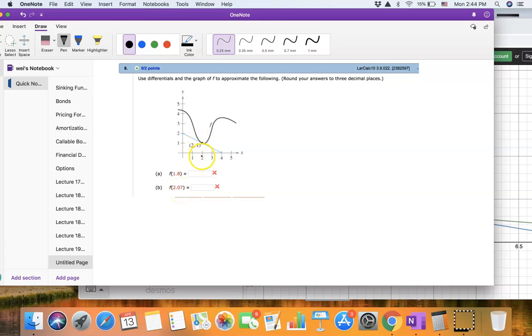So we choose the point a to be 2, and we're given the function value when a equals 2. So that is 1. And at this point, (2, 1), we draw the tangent line. So this tangent line is our L(x).